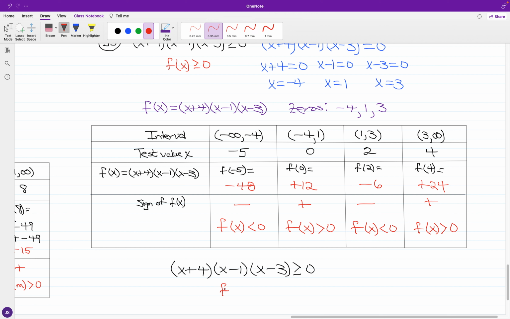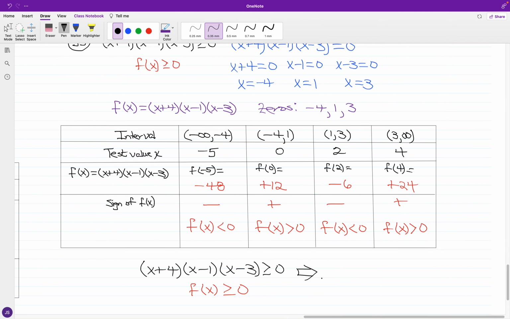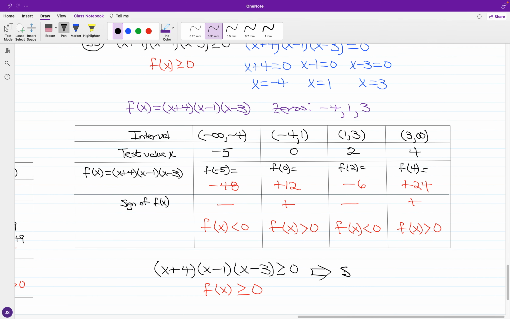And again, to get to the solution, we will reference where f of x is greater than or equal to 0, which will be in the same direction as f of x is greater than 0.